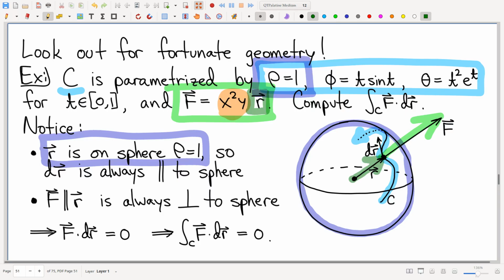So the position vector r, wherever you might happen to be on the sphere, is always perpendicular to the sphere. Cool thing about spheres centered at the origin is that the position vector is always perpendicular to the surface. Geometrically, does everybody buy that?